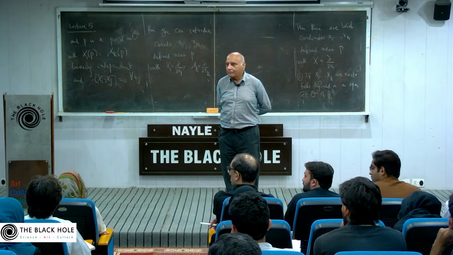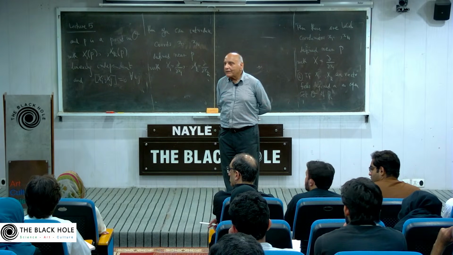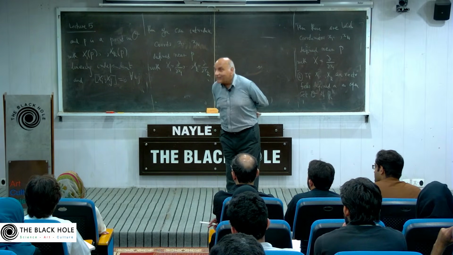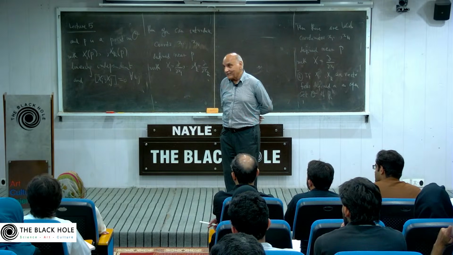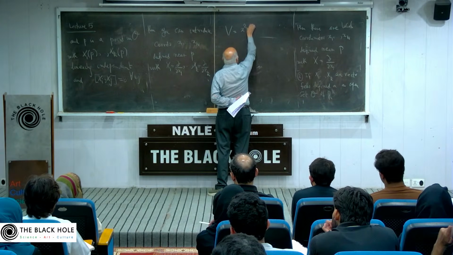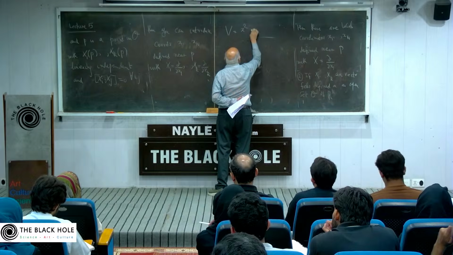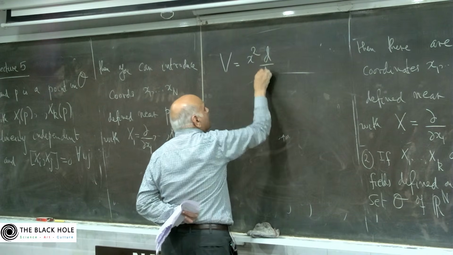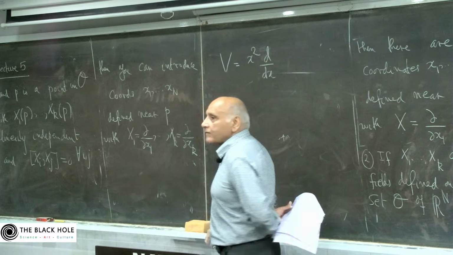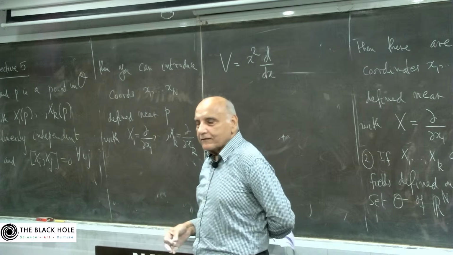I have a specific vector field, v equal to x square partial by partial x. How will I write it as d by d x tilde? I have to solve some equation.